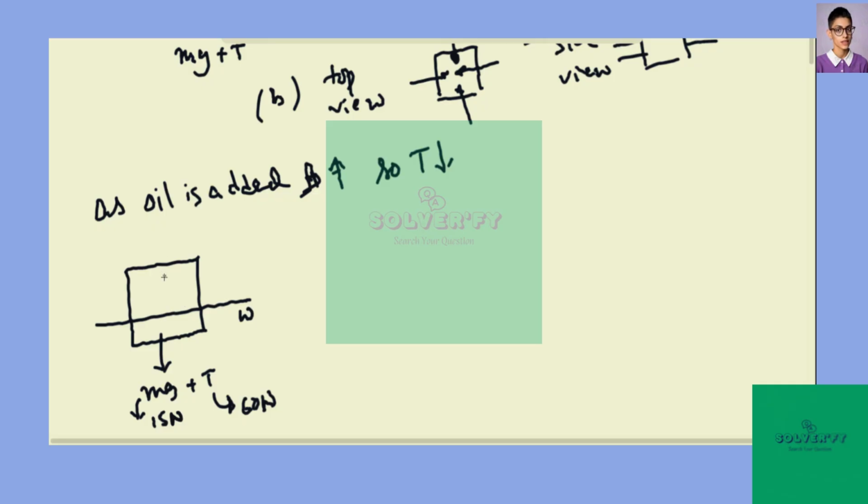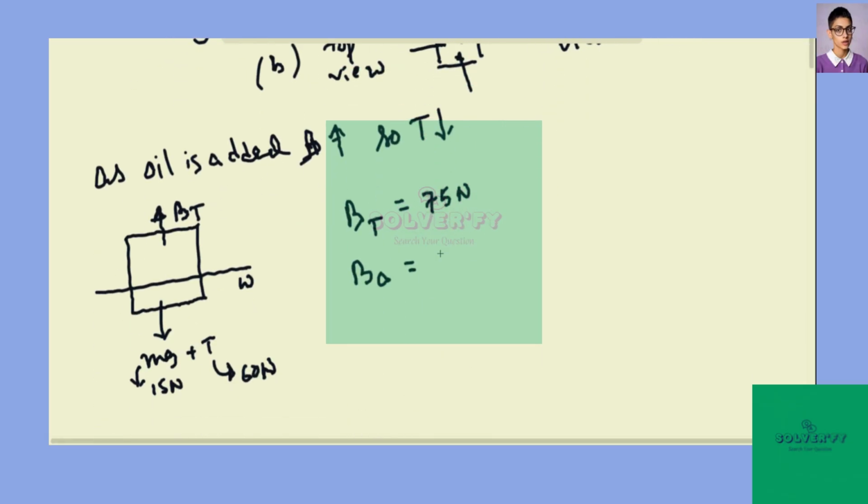So the total buoyant force now became 60 plus 15 equals 75 Newton. We know that the buoyant force of water equals 25 Newton. So the buoyant force of oil equals 75 minus 25 equals 50 Newton.